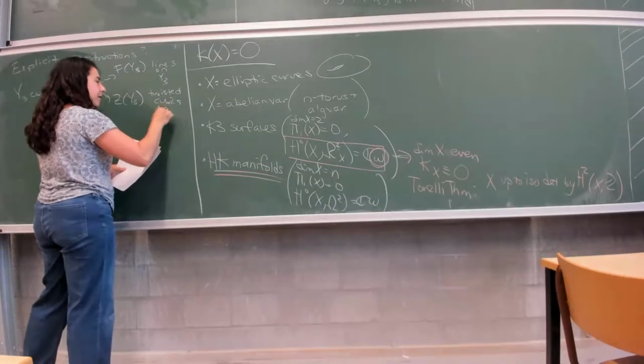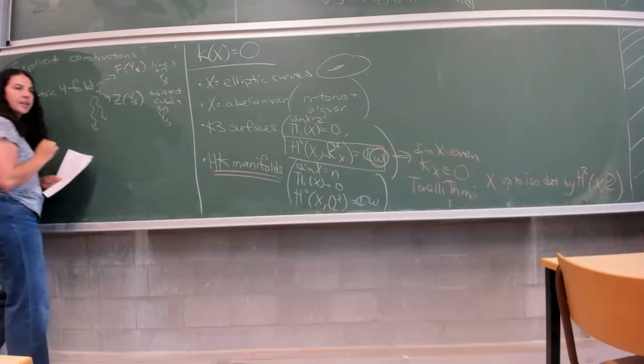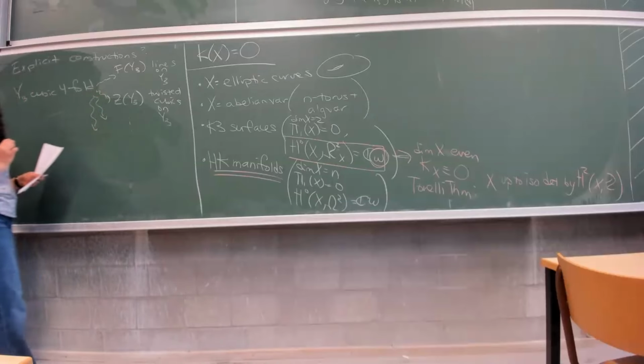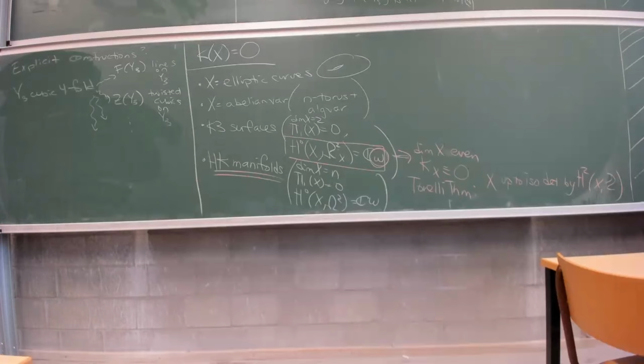And you can do various other kinds of geometric constructions that I won't describe to this cubic and produce examples of hyperkähler manifolds. So somehow we're starting with this cubic fourfold and producing these hyperkähler manifolds via some sort of geometric construction.